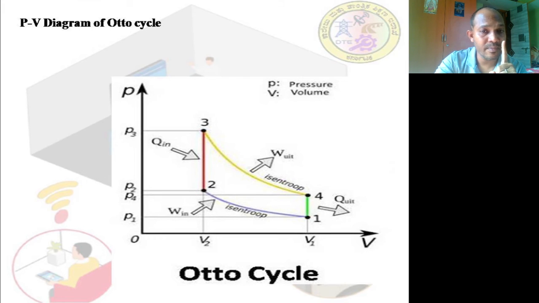Do you agree? For example, if you have a water bottle that is closed, what is happening to the volume? Is it changing? The volume is constant. So volume V2 is equal to volume V3. That means the volume is going to remain constant.